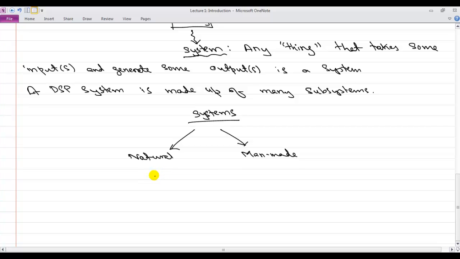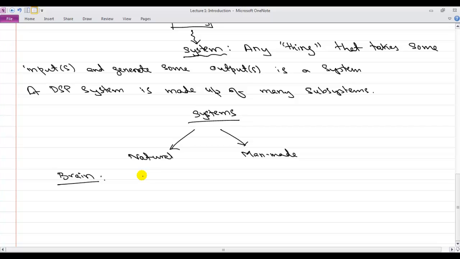So one example of a natural system will be a brain. Anyone's brain takes as input, if you want to be conservative, you can say we have 5 senses that go as inputs, and as outputs, we generate some actions. So a brain is a natural system. It takes as input, it generates an output.